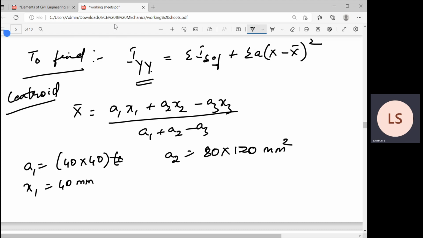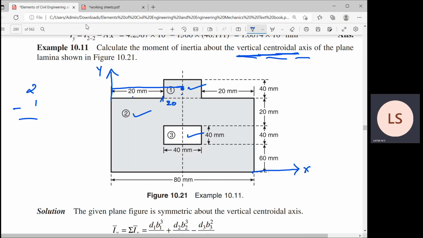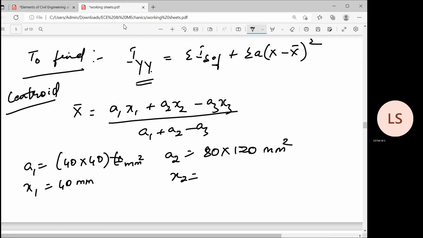What is x2? The point of CG will be here for the whole rectangle. So this is x2, again 80 divided by 2, which is equal to 40 mm.